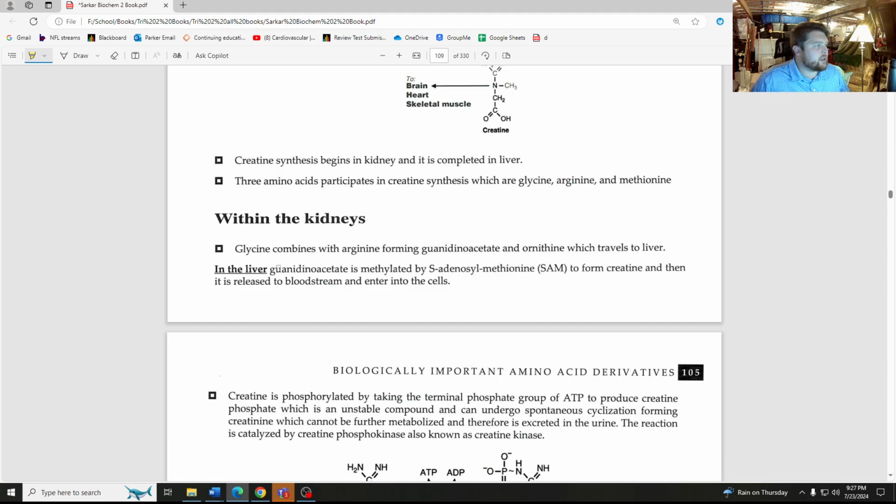In the liver, guanidoacetate is methylated by S-adenosyl methionine, also known as SAM, in order to form creatine. Then it is released into the bloodstream and enters the cells. So there we have our combination of glycine, arginine, and the methylation from methionine in order to create creatine.